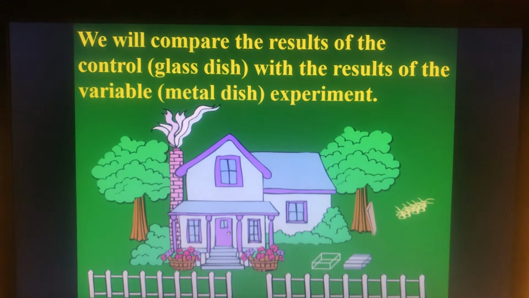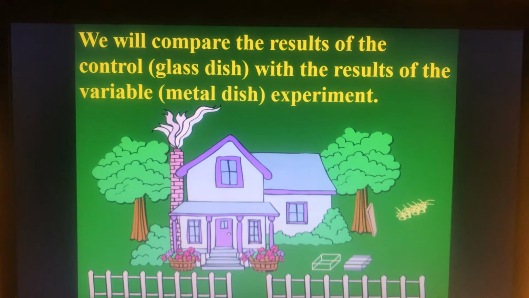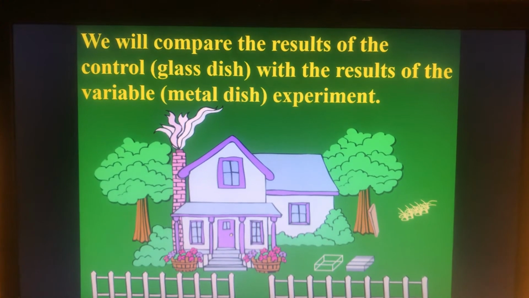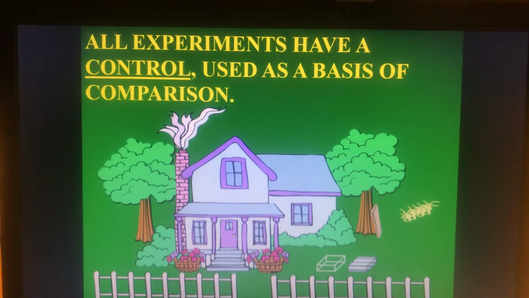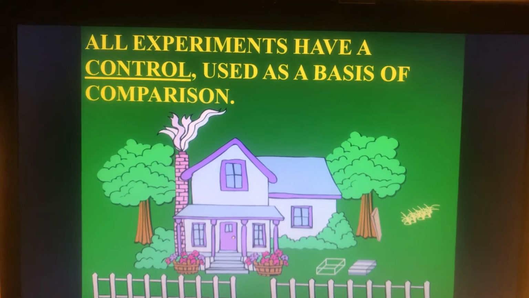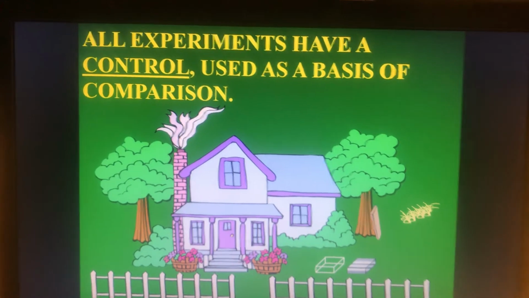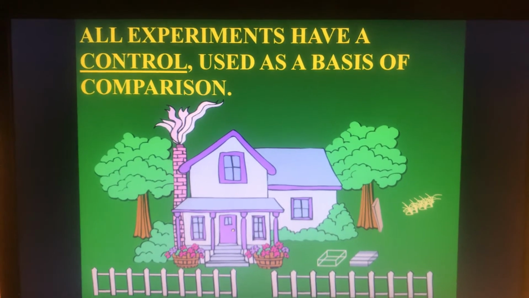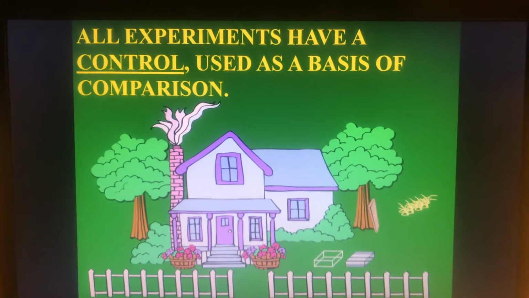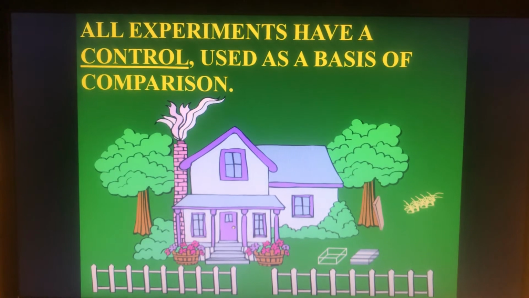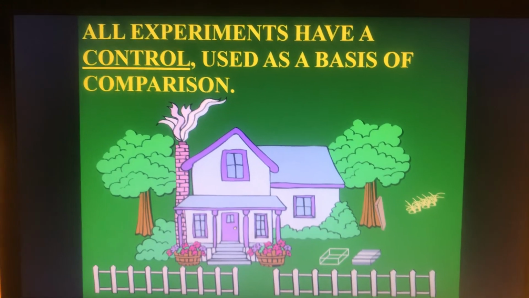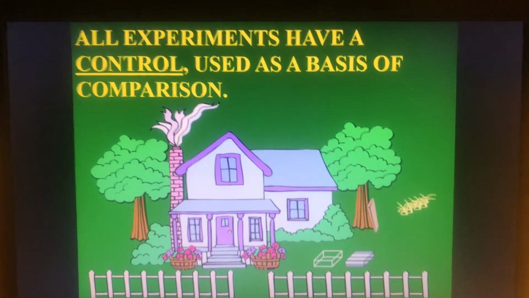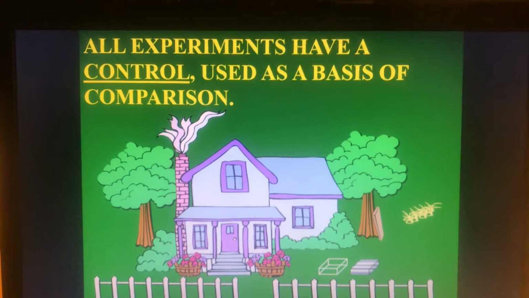We will compare the results of the control with the results of the variable. All experiments have a control, which is the use of a basis of comparison. So you've got the glass dish and the metal dish. Will the grass turn yellow under the metal dish where there is no sunlight coming through?